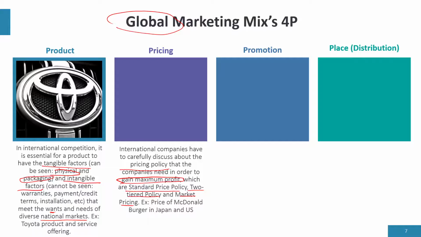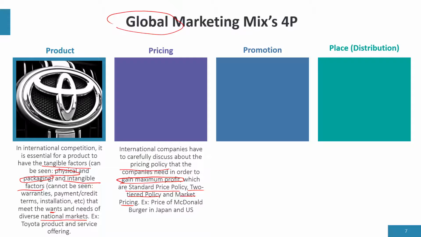And then the market pricing is a very flexible price, where the price of a product in one country is highly dependent on the transportation cost, the manufacturing cost, the marketing cost, and everything.